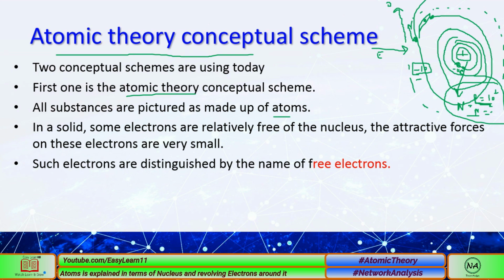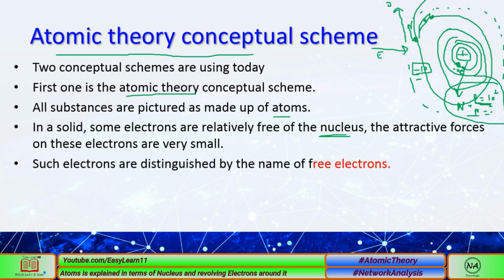According to this theory, in a solid, some electrons are relatively free of the nucleus, like what I explained. They leave the atom, and because they are free from the atom, they have no nucleus and no shells. They take part in the movements of the conductor, because they are free and can go anywhere.